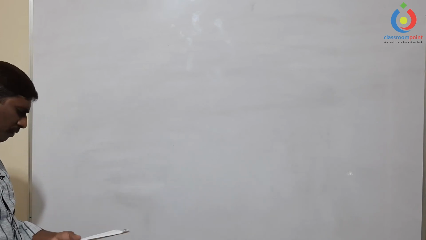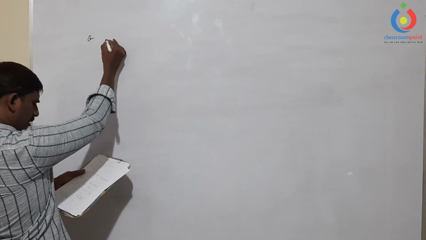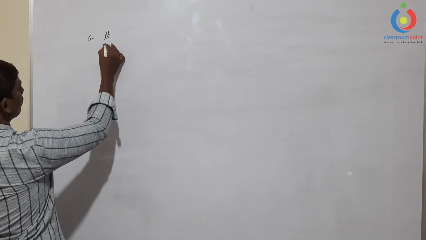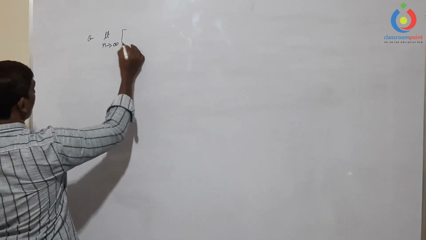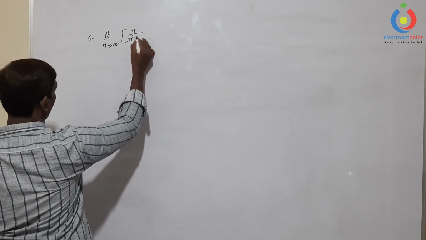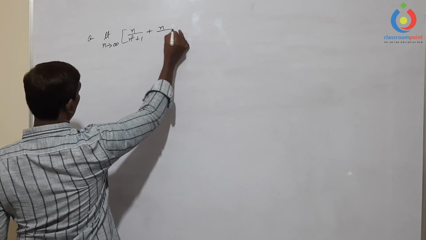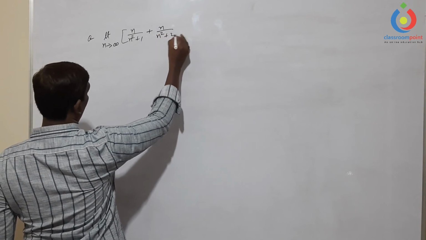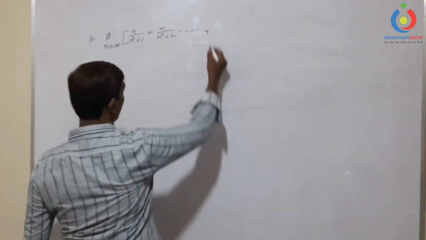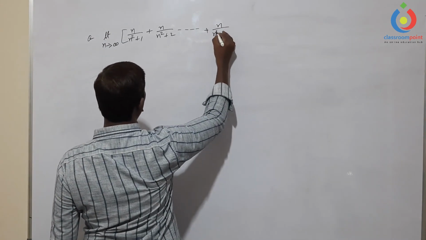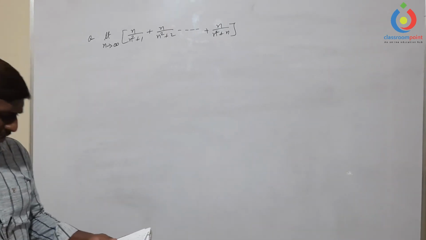It is a little bit confusing question. The question is limit n tends to infinity of n by n square plus 1, next n by n square plus 2, and so on, plus n by n square plus n. Then what is the value of that?